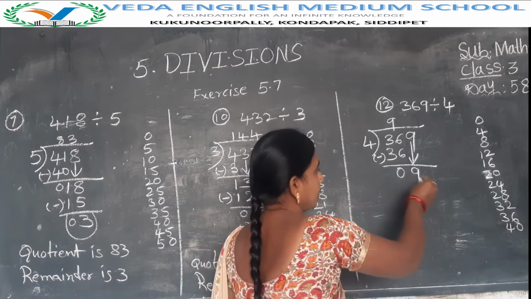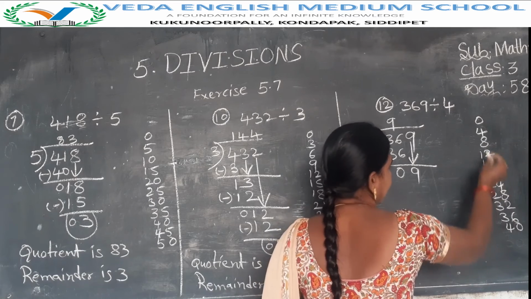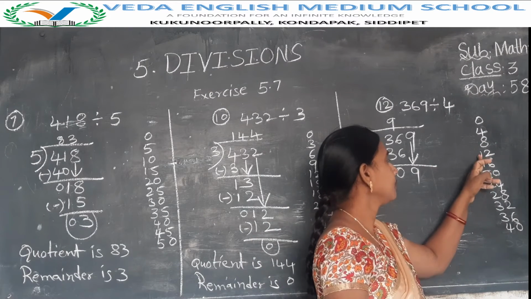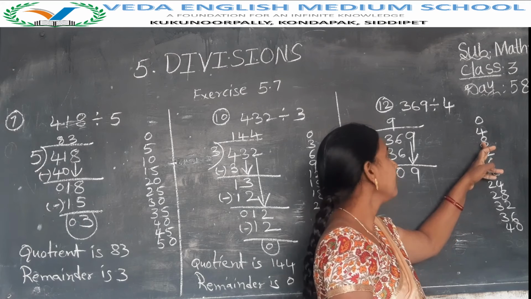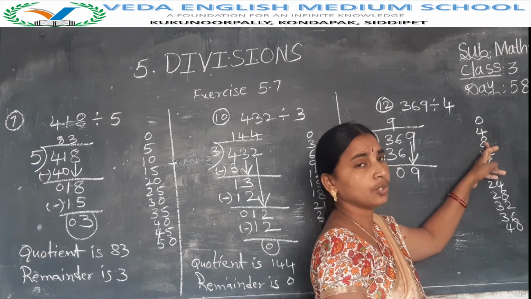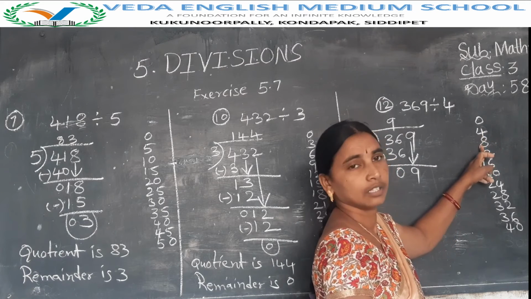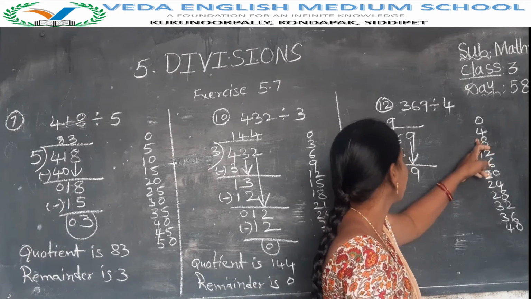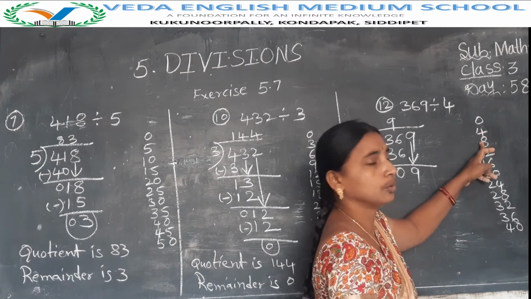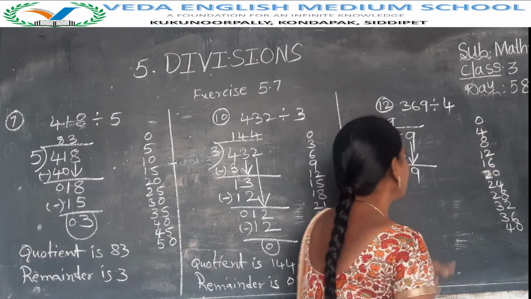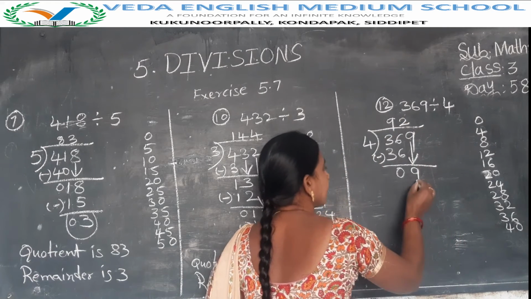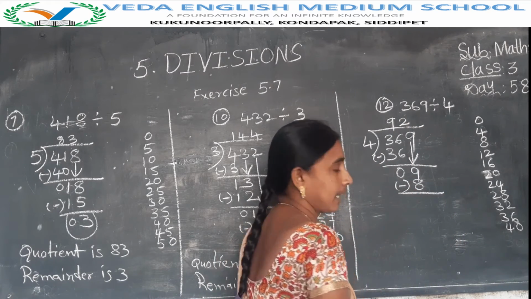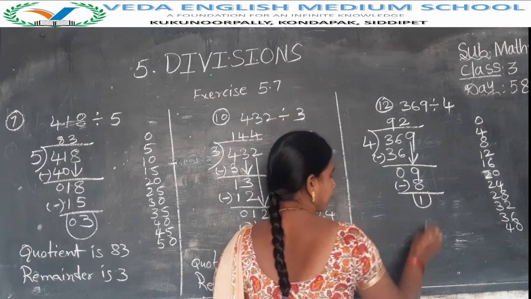Now find the number nearest to 9 in this table. See 8 and 12. 9 is less than 12, and 9 is greater than 8. So take only the below number 8. Don't take 12. How many times 4? 1, 2. 2 times 4 is 8. So 4 twos are 8. Now do the subtraction. 9 minus 8 is 1.